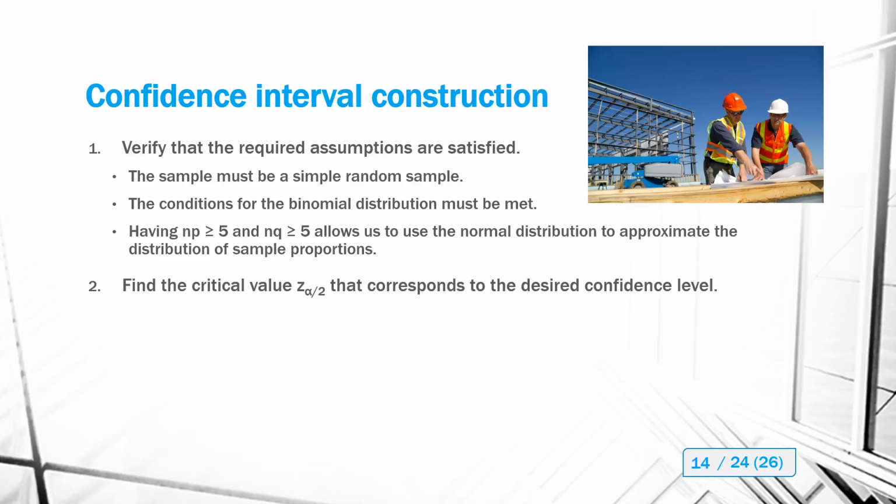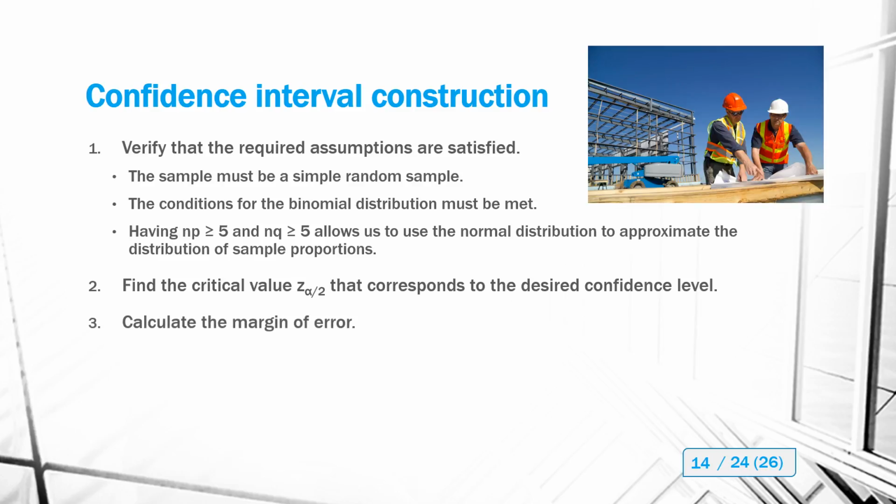which, if the conditions for the binomial distribution are met, is very likely a binomial distribution. Now, the second step is to find the critical value, z sub alpha over 2, that corresponds with whatever confidence level we pick. 90%, 95%, 99%, whatever it is, there's an associated critical value with that, and we need to calculate that.